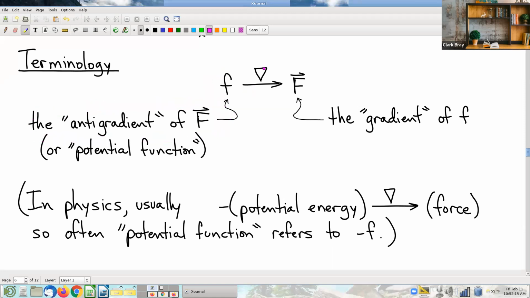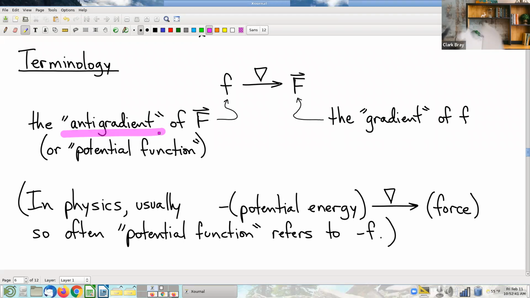Replace this gradient, replace that with just d by dx, and that's the derivative, that's the antiderivative, right? Of course, that's the extremely universal terminology. So I'm just recognizing that this is gradient, not just a regular single variable derivative, and thus the term antigradient.